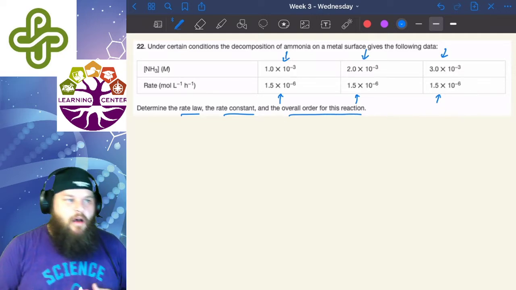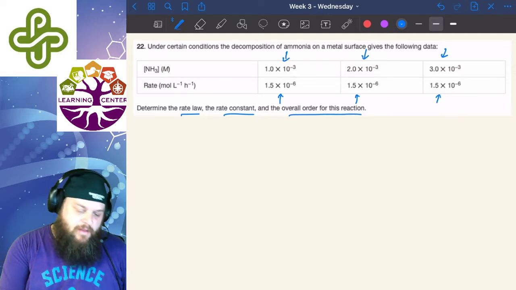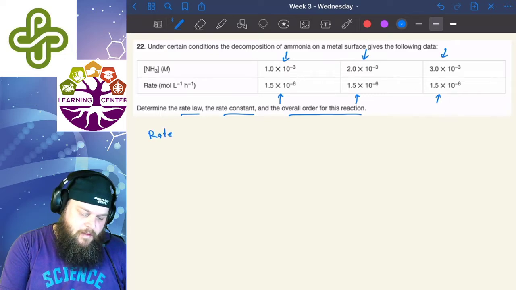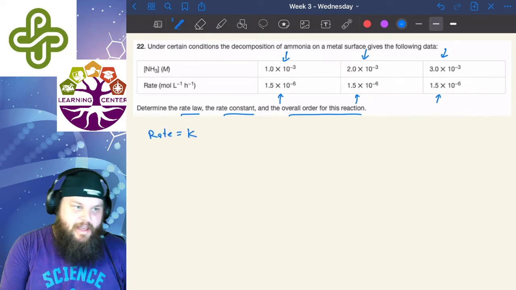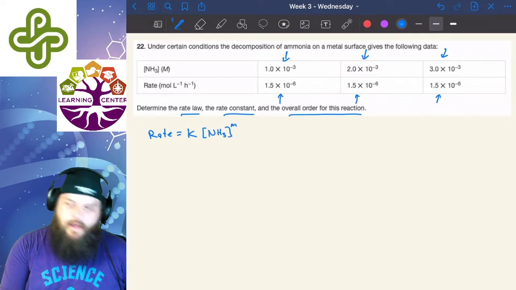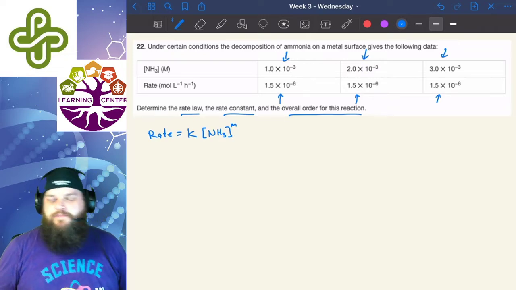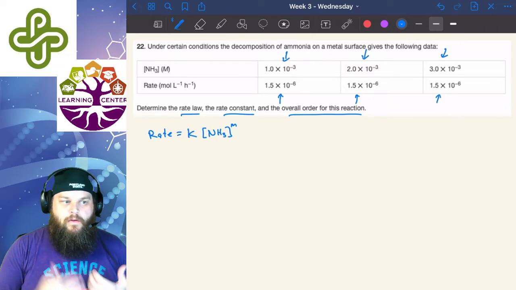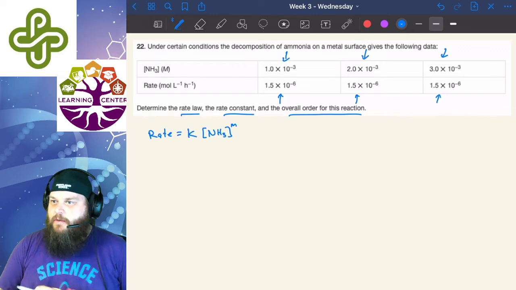So the rate law is usually something along the lines of the rate is equal to some constant K times the concentration of NH3 to some order. I'm going to say M in this case. So you have to figure out what that order is. If it's a first order, a second order, a third order.